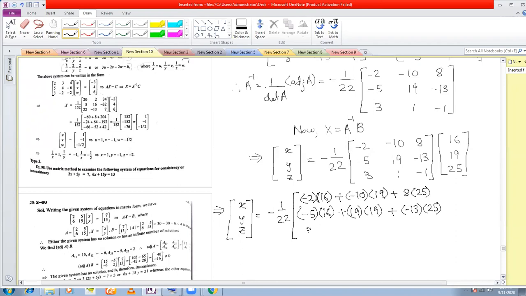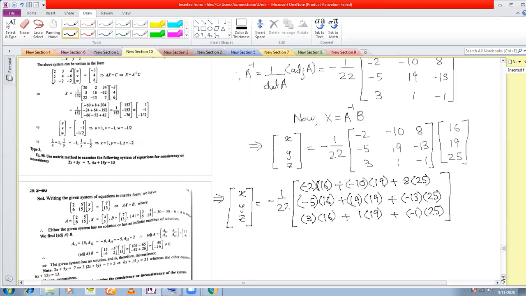Next, 3 into 16 plus 1 into 19 plus minus 1 into 25. Okay, so this is the matrix that you get.